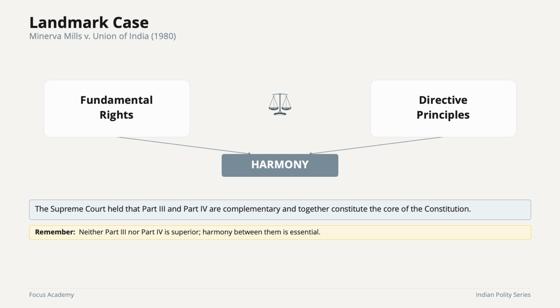Now, looking back, in the 1951 case, fundamental rights prevailed over DPSP. What do we understand from that? That even the Supreme Court, they make mistakes, right? They're also human beings.